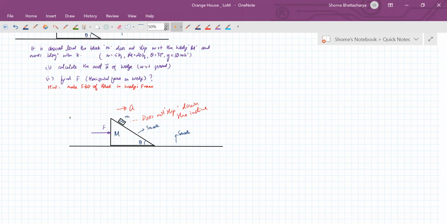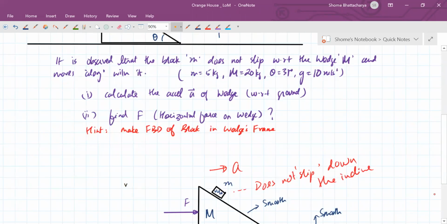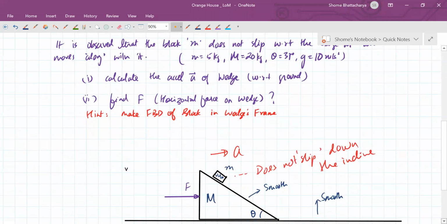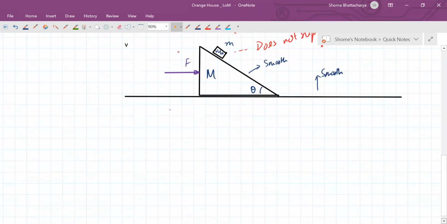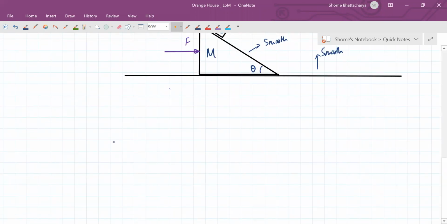So keeping that in mind, what we'll now do is make the free body diagram of the block with respect to the non-inertial frame of the wedge, which with respect to the ground is moving with acceleration a.